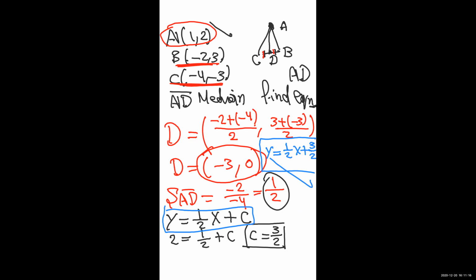The next question. ABC is a triangle whose vertices are A (-1, 5), B (4, -2), C (-3, 0).